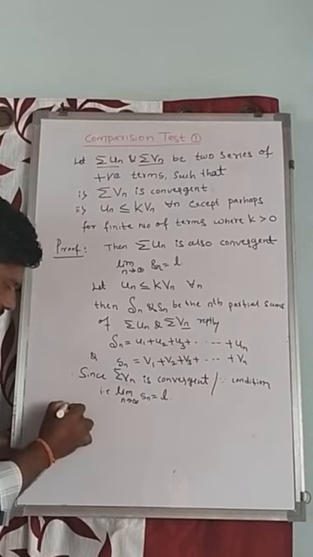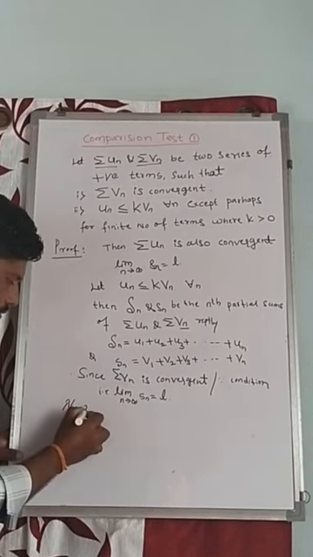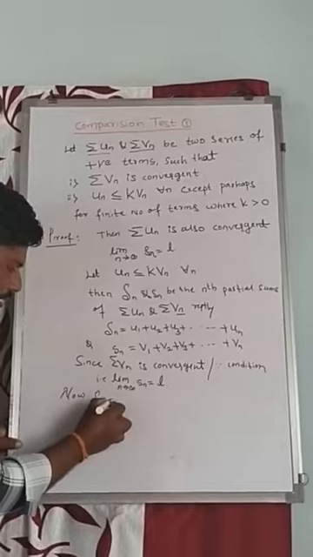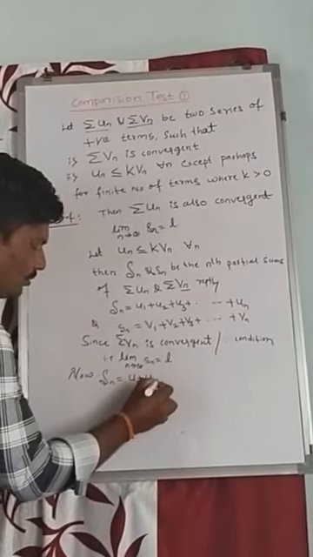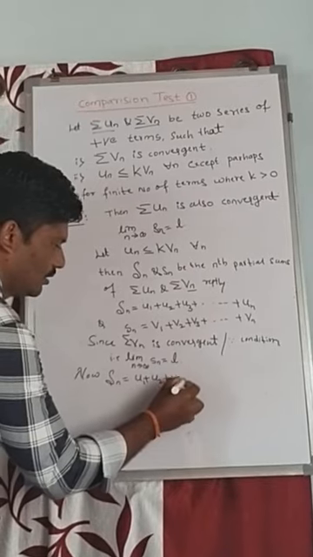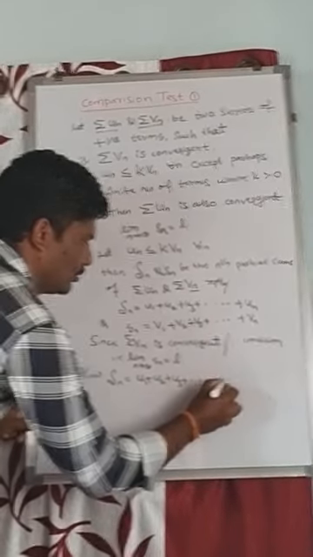Now capital Sn is equal to u1 plus u2 plus u3 plus so on up to un.